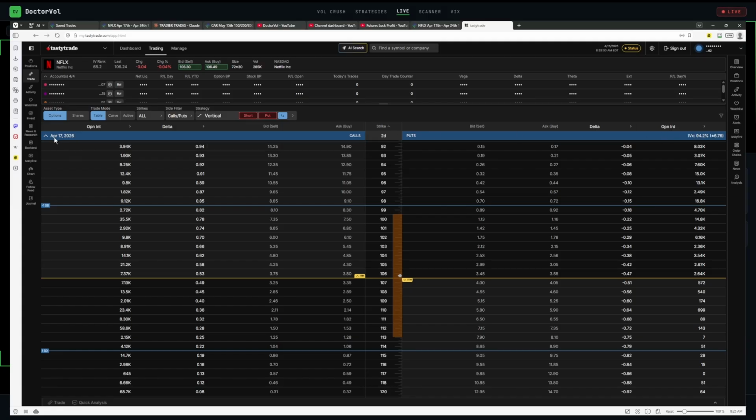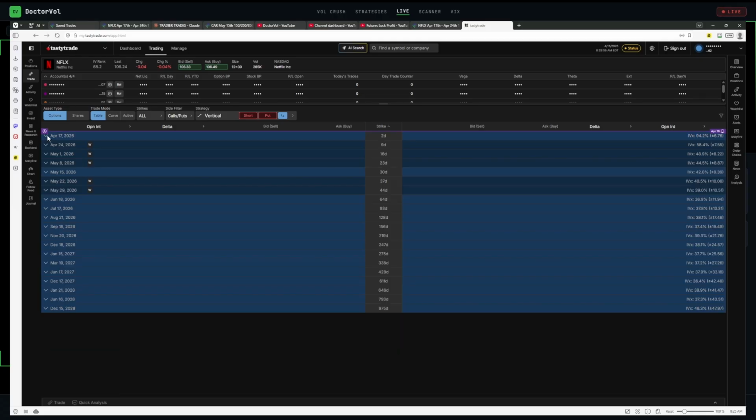What we're missing is what back month date are we going to use? Ideally, we want to see a big difference in vol, of course. And we can see here that vol drops off drastically at the 9-day expiration.